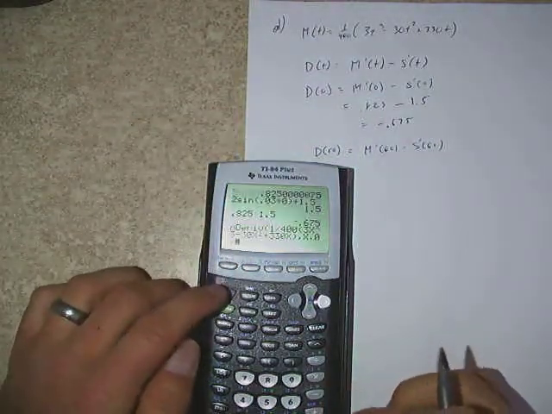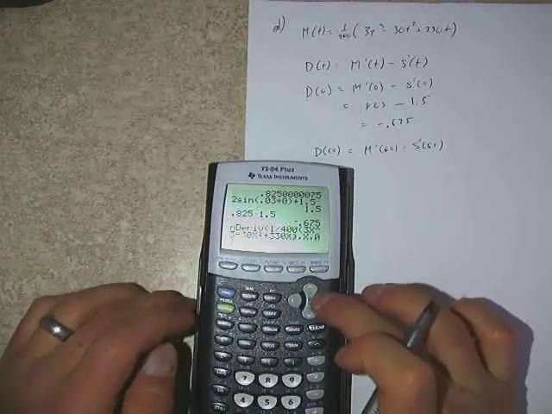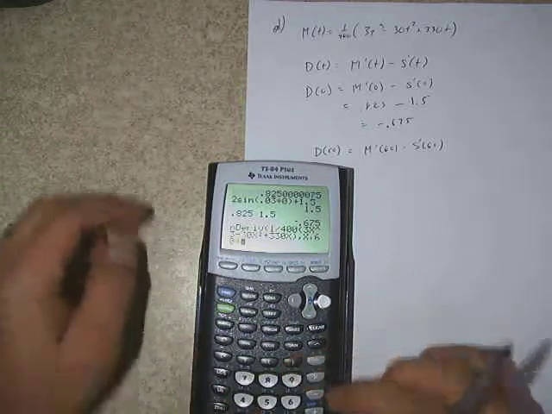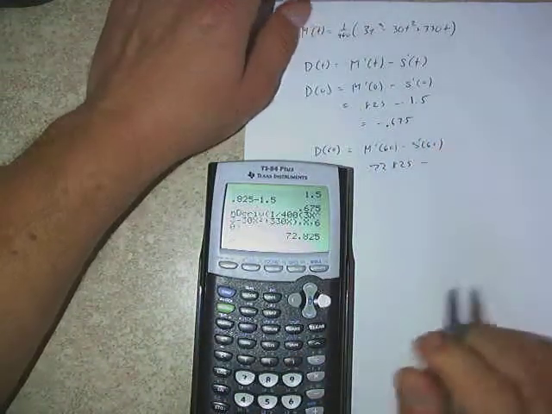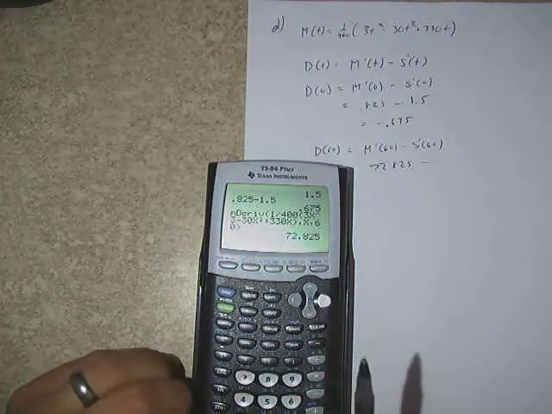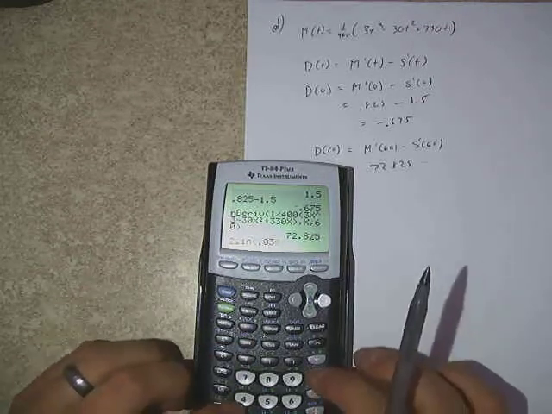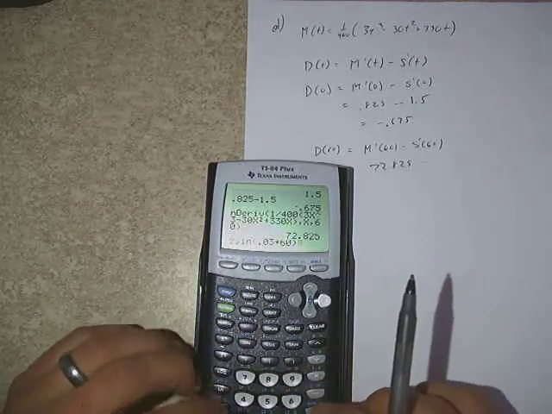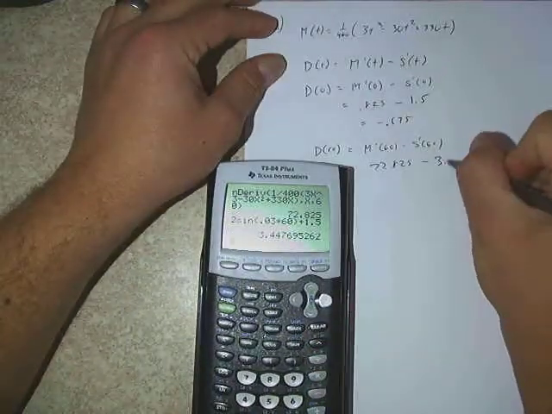True? So what are we hoping for when we do d of 60? We're hoping it's positive. So let's see what happens. d of 60 is m prime at 60 minus s prime at 60. I'll go back up, use the command I already had, and throw a 60 in there instead of a 0.